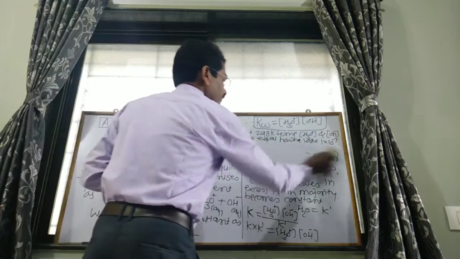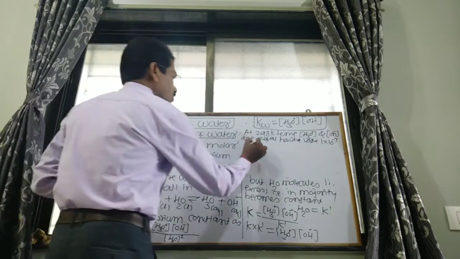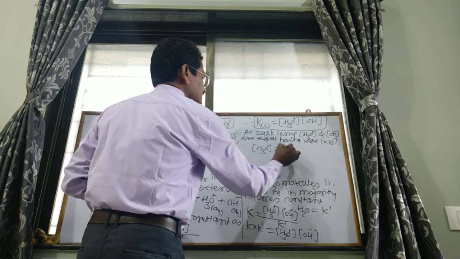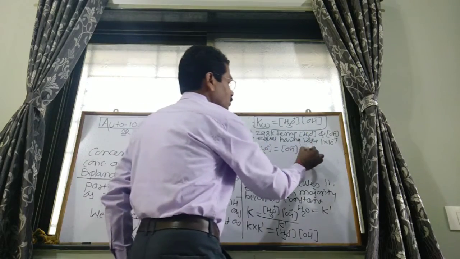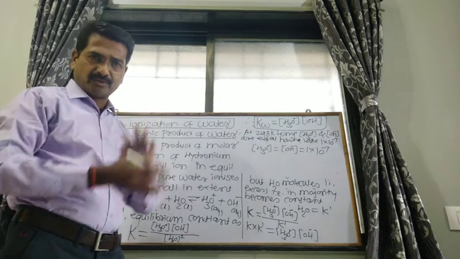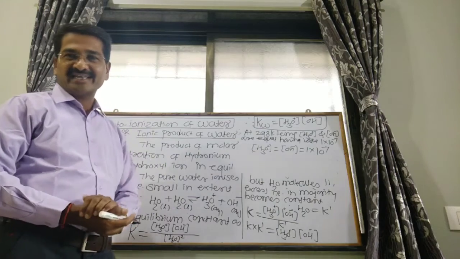The concentration of H3O+ is equal to the concentration of OH-, which is equal to 1 into 10 raised to the power minus 7 moles per dm cube. That is the value of each hydronium and hydroxyl ion.